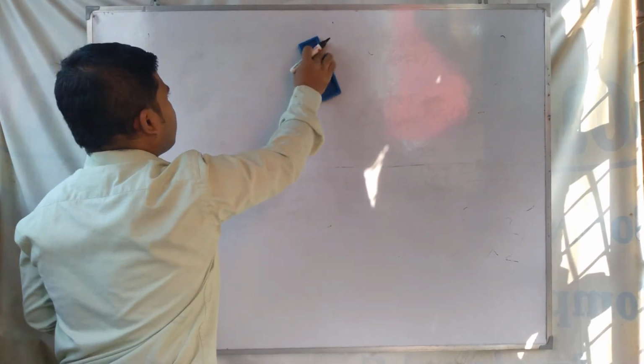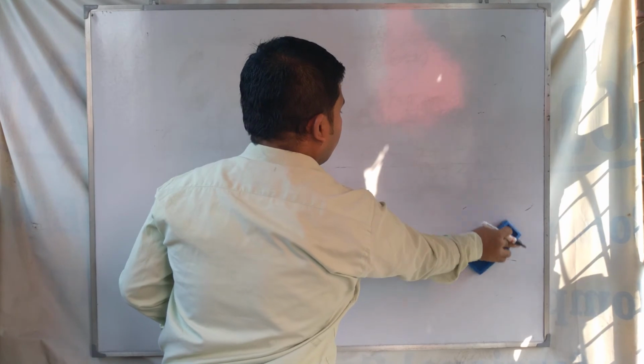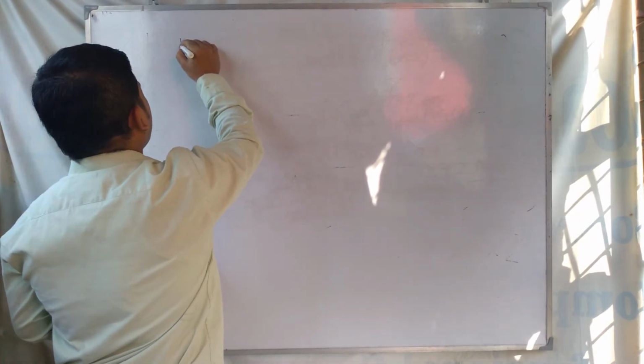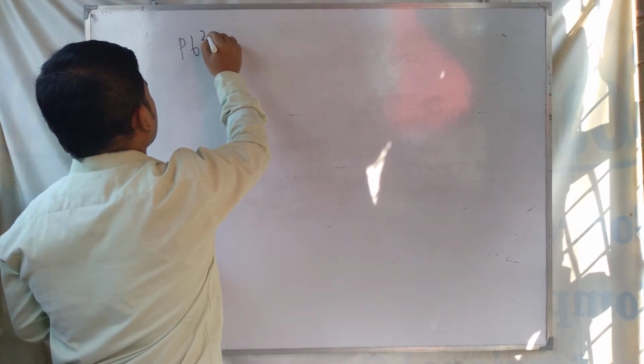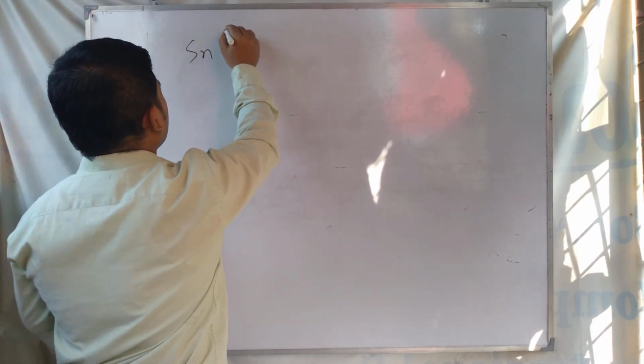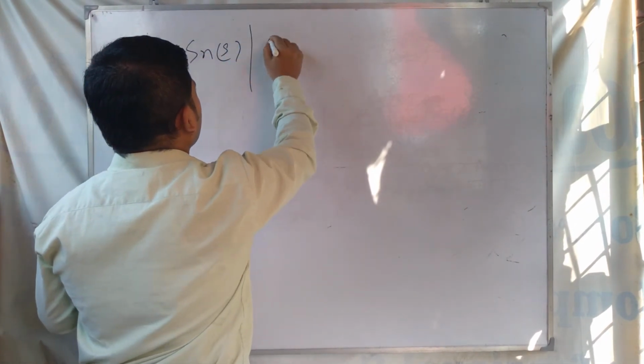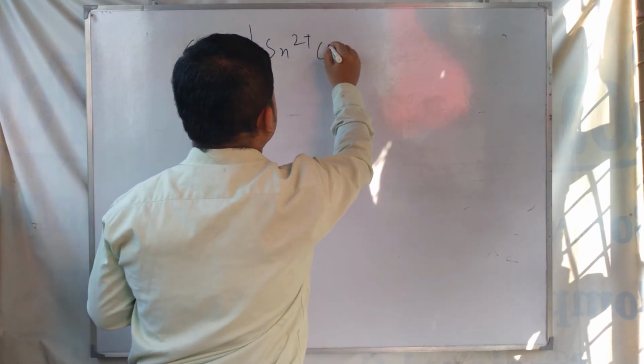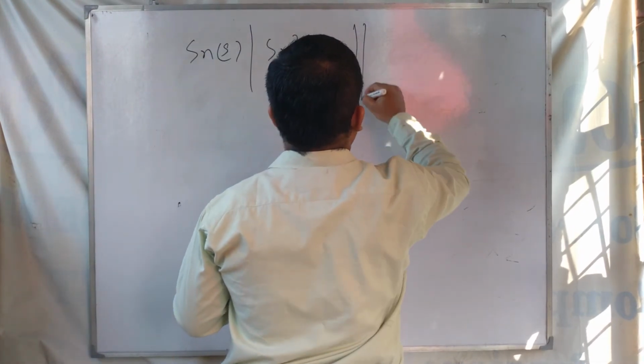Our next example of a galvanic cell is taking tin and lead: Sn solid to Sn2 plus, and lead.